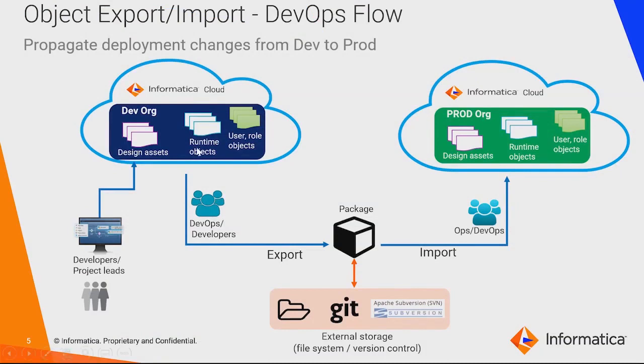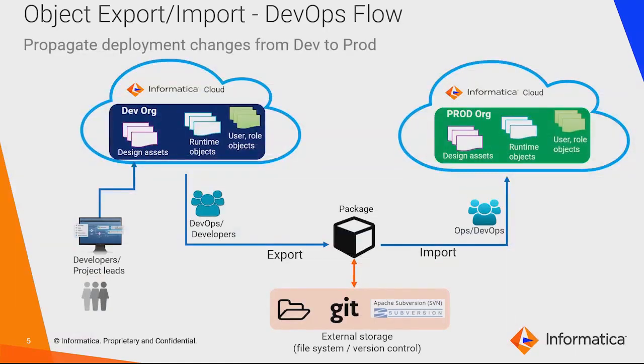So let's say developers are doing the development in Informatica Cloud, like designing the assets or the ETL mapping, different task flows, mapping tasks, using the runtime objects, and all those different aspects of development that you are doing in Informatica Cloud.